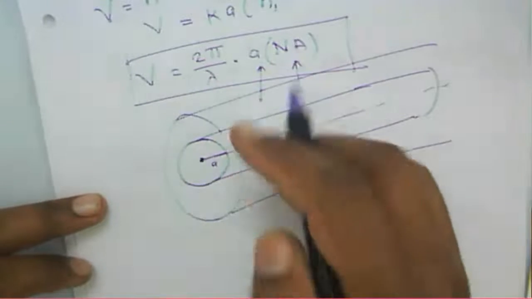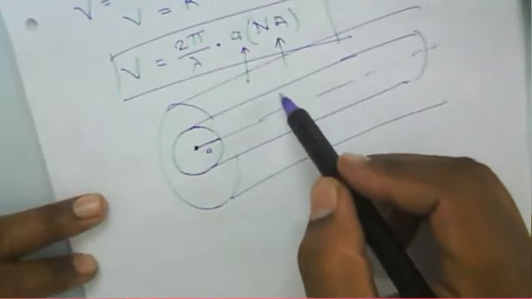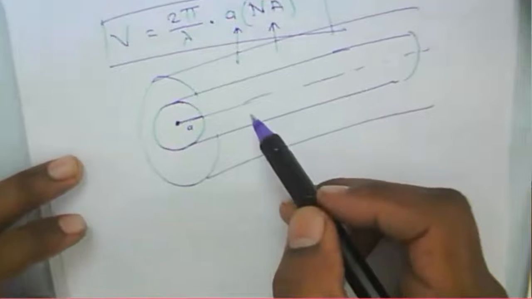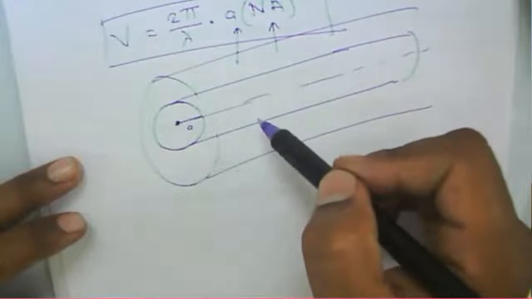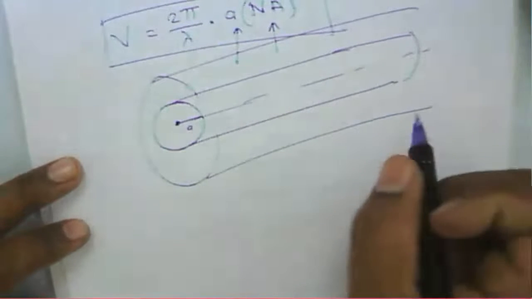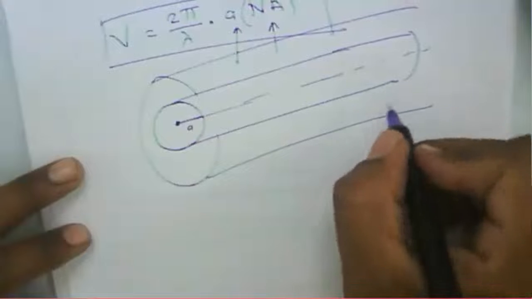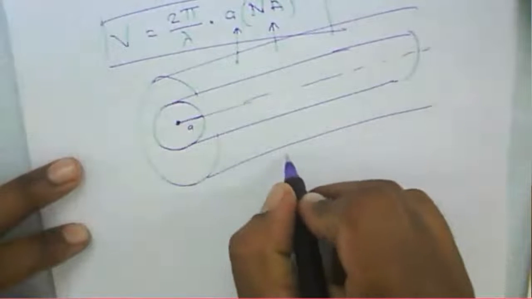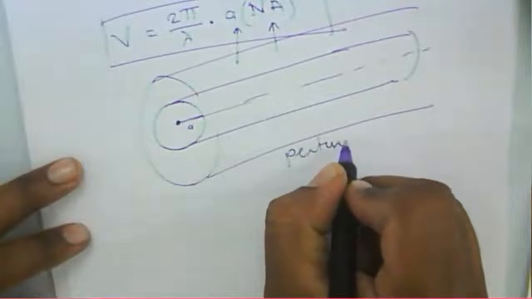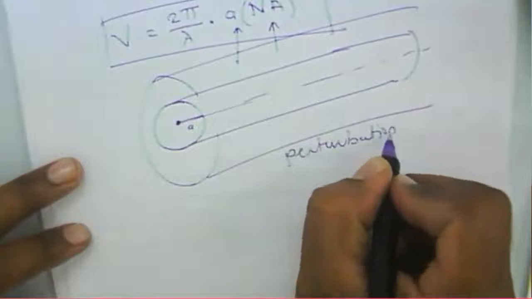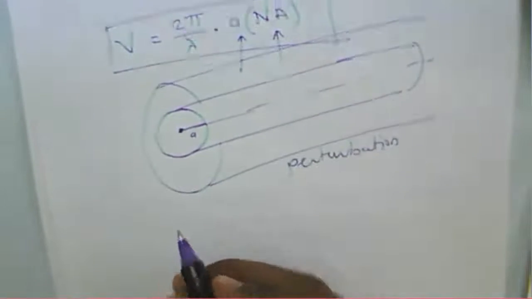So if there is an irregularity in the given fiber, because of that irregularity your signal gets disturbed. Means we can say that a perturbation occurs because of that. Why?